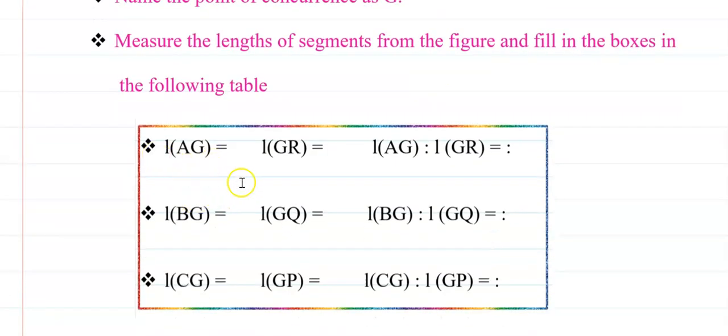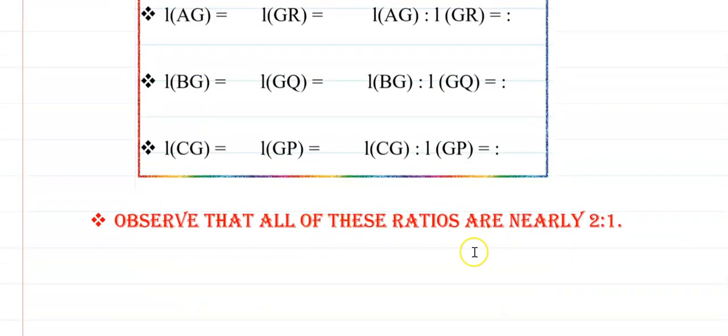Find AG and GR. If you find that the ratio is nearly 2:1, that is, the centroid divides the median in the ratio 2:1. 2 is the bigger part and 1 is the smaller part. 2 is the part from the vertex opposite the side, and 1 is the part where the median meets that side.